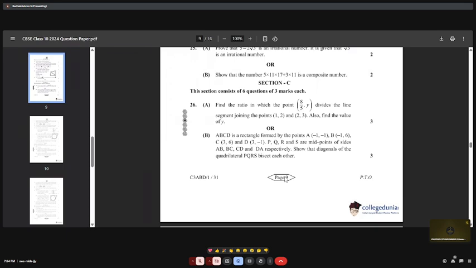B is that one. Then AC is to CB will be the same as AD is to CE.